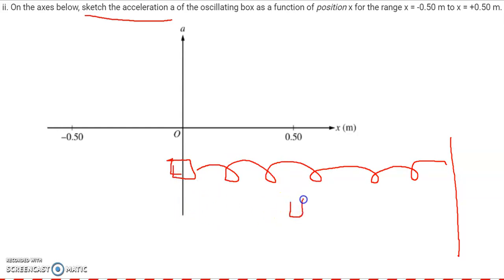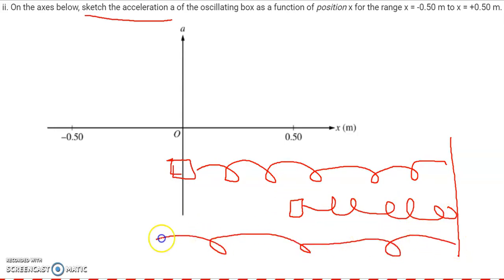And then the box is going to be here, and then the box is going to be here. So it's oscillating back and forth. When the box is here, the spring is pushing this way. And when the box is here, the spring is pushing this way.